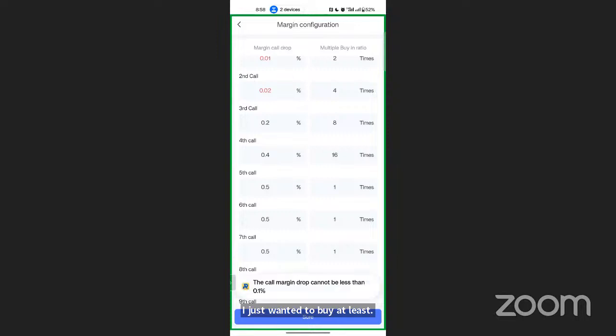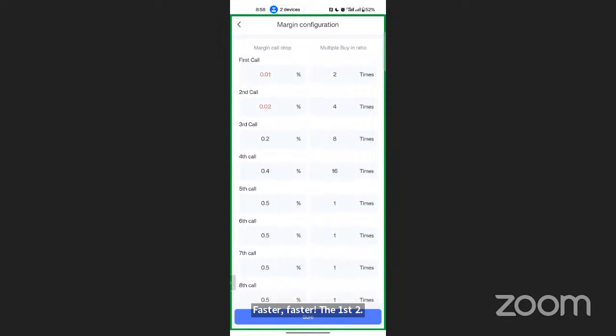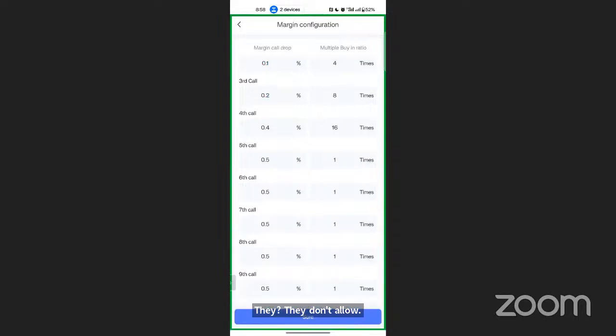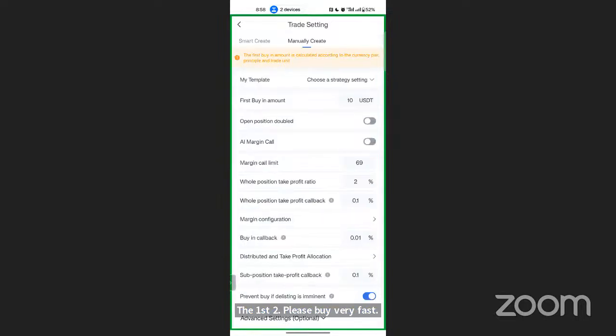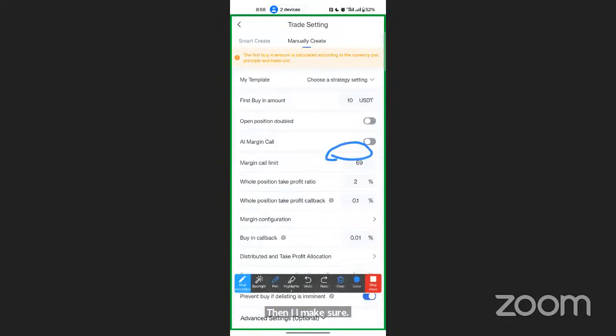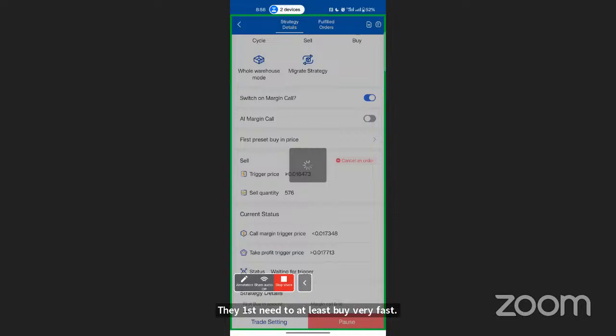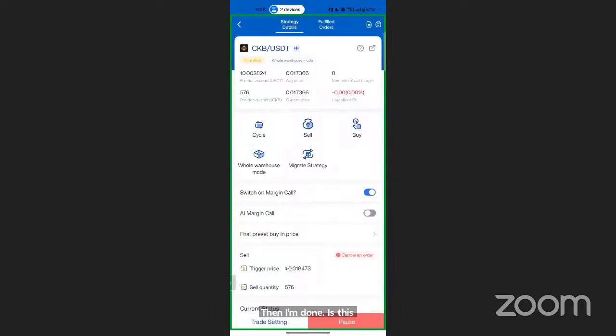The drop cannot be less than 0.1. They don't allow it. So the first two, please buy very fast. Then I make sure I lower that one and this one. The first two at least you should buy very fast. Then I'm done. Is this hard or is it easy?